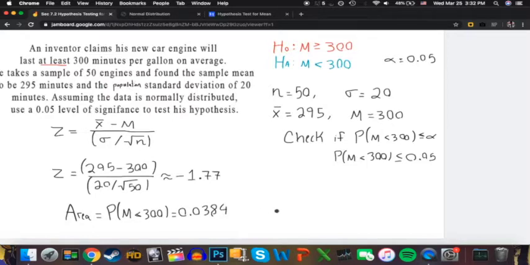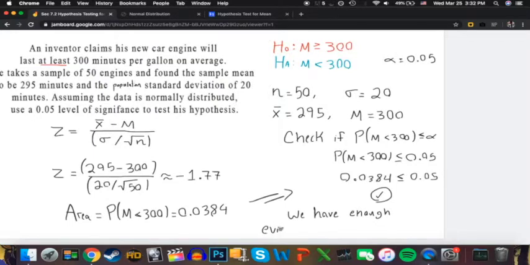Okay, so now that we know that, we can plug this into our inequality. So we have 0.0384 is less than or equal to 0.05. So because that is a true statement, that tells us we have enough evidence to reject the null hypothesis.